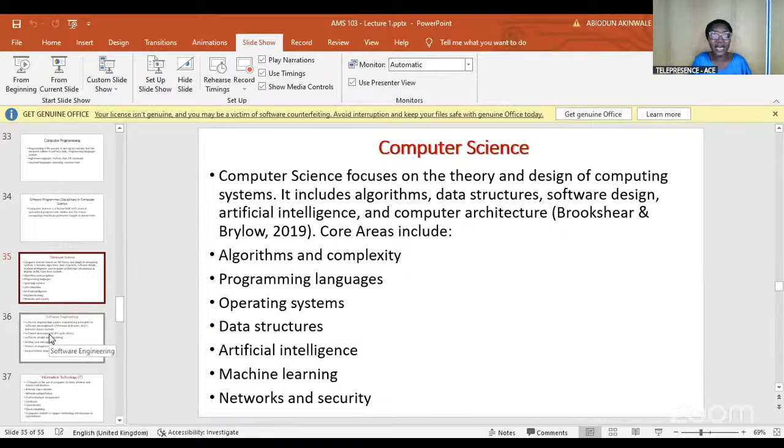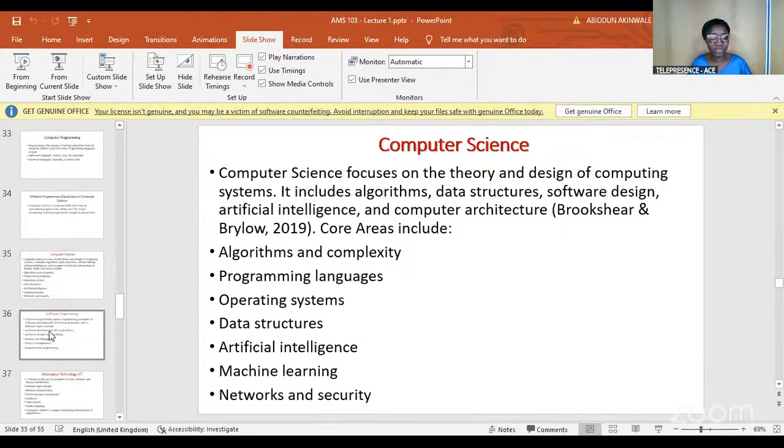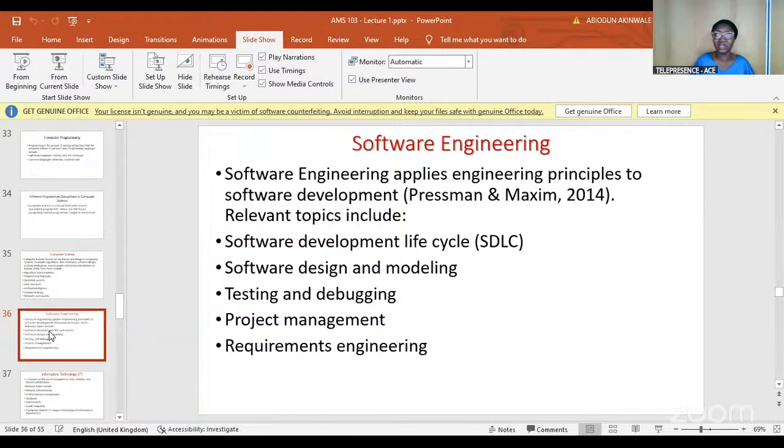So the core areas here include algorithms and complexity, programming languages, operating systems, data structures, I mentioned that, machine learning, networks and security, and then several others that you still come across. So that is in the field of computer science. Please move to the next slide.